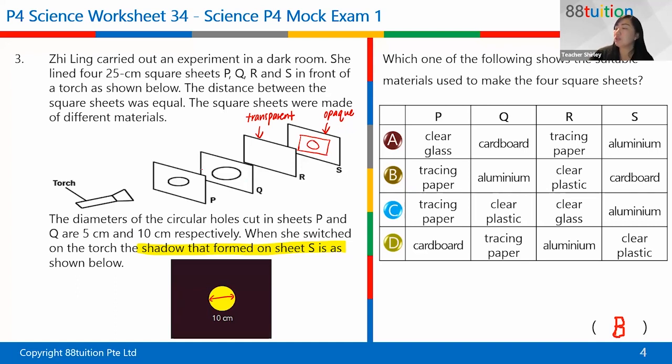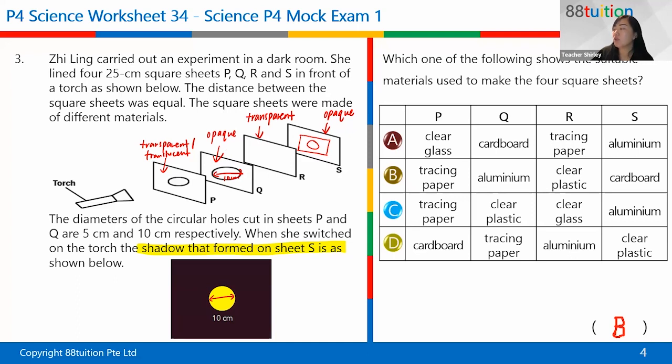So most likely it will be this one that is being cast on it, which means that material P is probably either transparent or translucent, because the shadow cast is that of 10 centimeters. So very likely this is the object that is opaque that will cast a shadow.